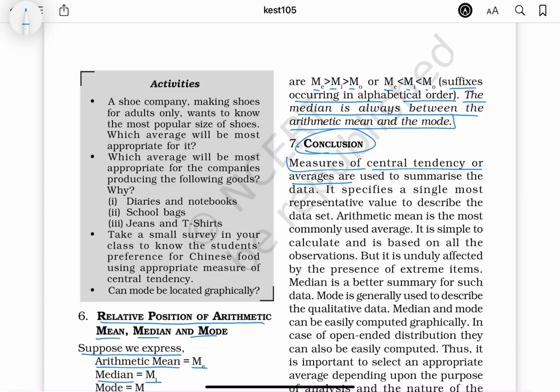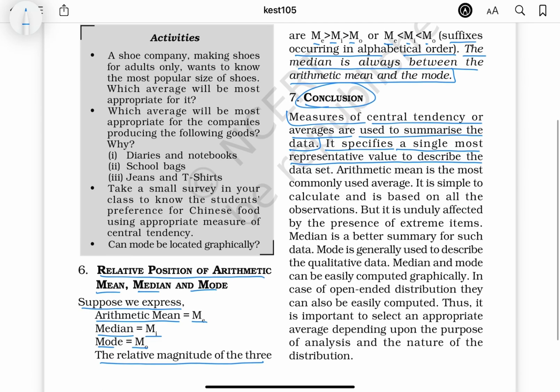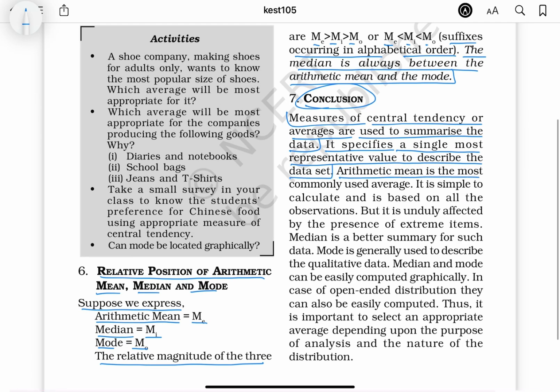Averages are used to summarize the data. It specifies a single most representative value to describe the data set. Arithmetic mean is the most commonly used average. It is simple to calculate and is based on all the observations, but is unduly affected by the presence of extreme items.